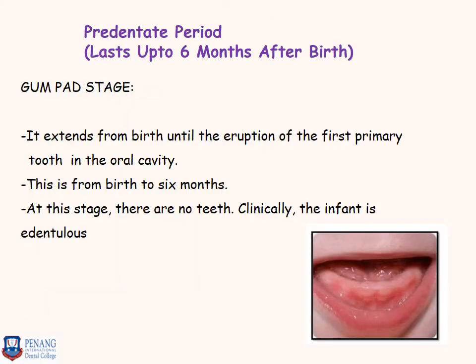So the predentate stage lasts from birth, that is 0 to 6 months of age. It extends, as I have told, from birth to the first primary tooth that erupts into the oral cavity. At this stage there are no teeth seen. Clinically, the infant is edentulous, that means no teeth are present in the oral cavity of a child.